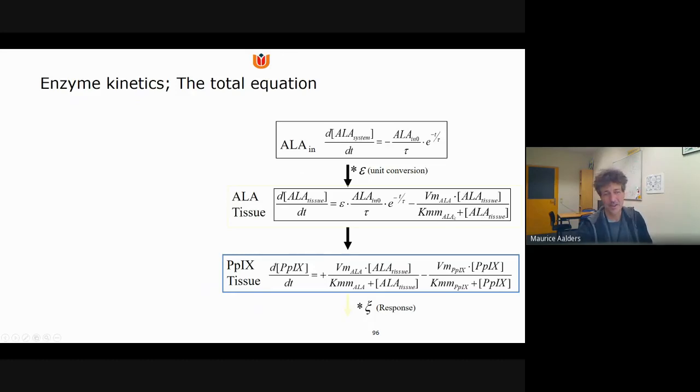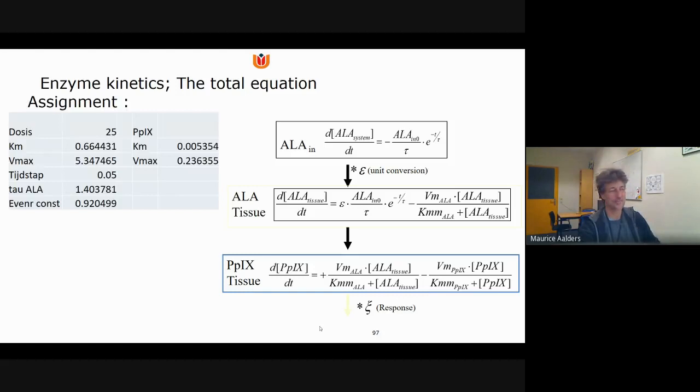And this is the rate of change by this Michaelis-Menten constant. Now, the protoporphyrin is increased because there's ALA converted, and decreased because it's broken down further, or it's converted further into heme.